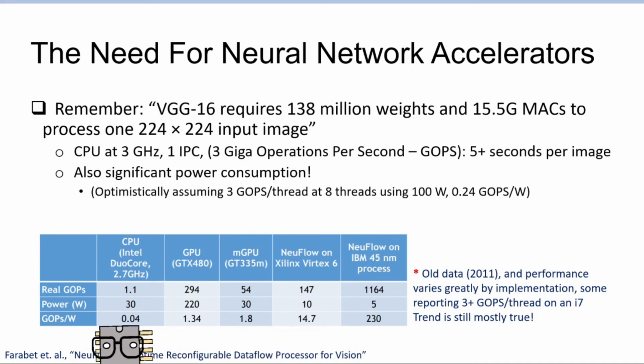If we normalize for power consumption to get power efficiency, there are orders of magnitude benefits compared to CPUs at 0.04 gigaops per watt. GPUs get slightly more than 1 gigaops per watt, almost 2 orders of magnitude better. FPGAs get almost 3 orders of magnitude better, and an ASIC gives you 4 orders of magnitude better.